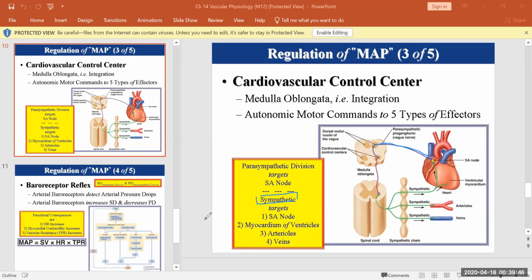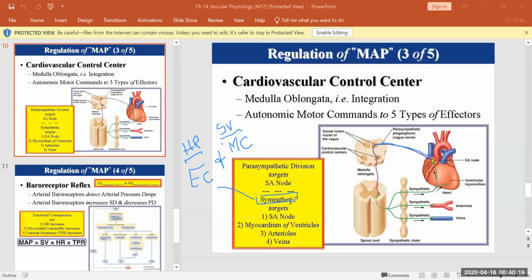And that sympathetic affects both the electrical component of the heart and the mechanical component of the heart. So the electrical component here, we express that as HR. And the mechanical component here, we express that as SV, stroke volume, okay?